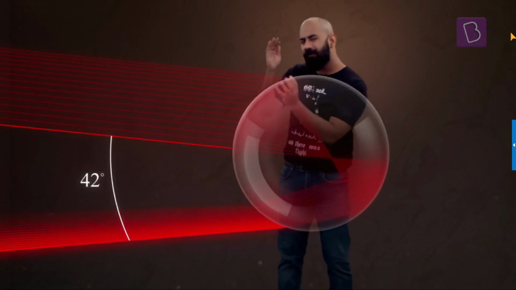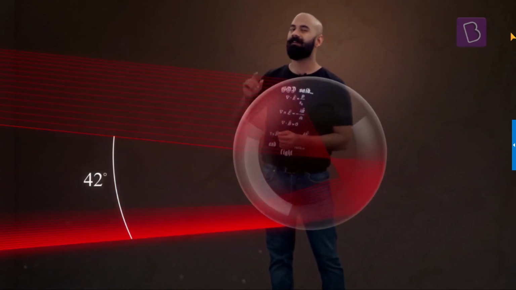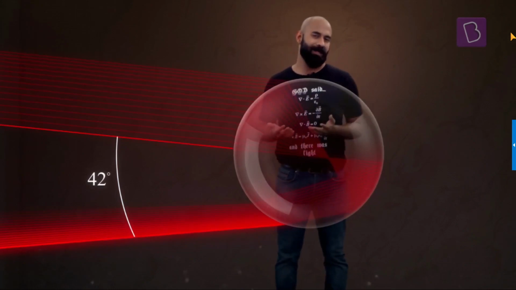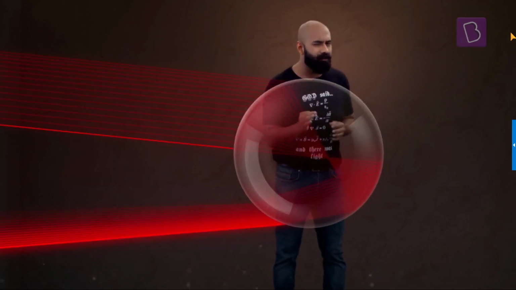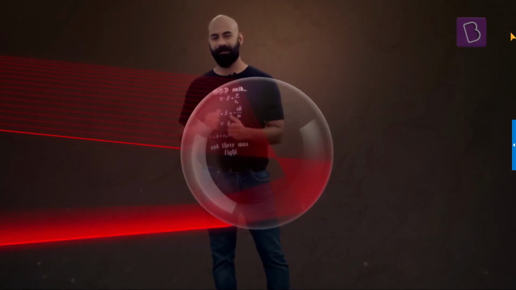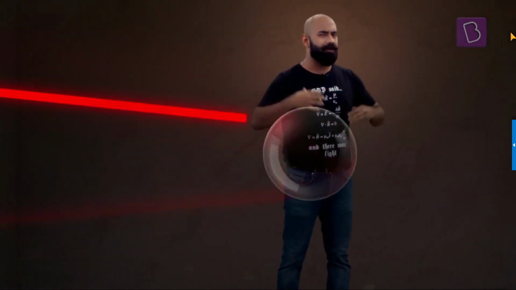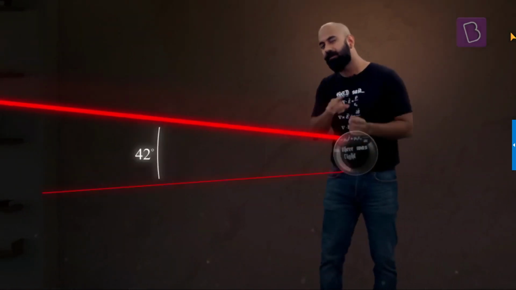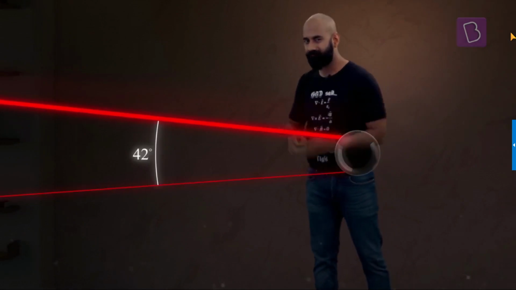I repeat, at an angle of 42 degrees with the incident rays, the intensity of the emergent rays will be maximum. So for all practical purposes, we can assume that all the light is coming out at 42 degrees. So if I had a bunch of rays of red color incident at this angle, then the emergent rays will all come out at 42 degrees.